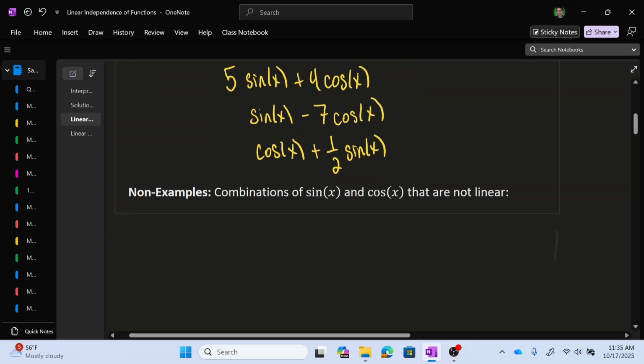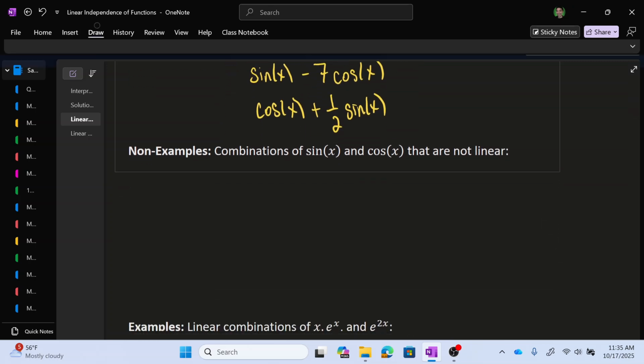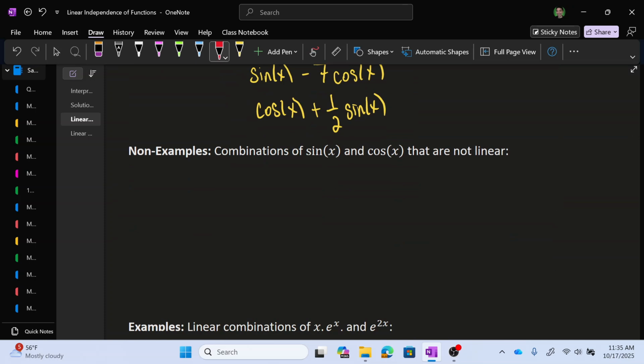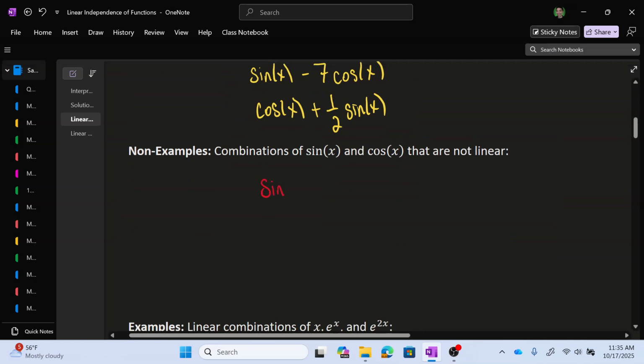Now, by contrast, here are some combinations of sine and cosine that are not linear. I am not, for example, allowed to multiply these functions together. That is not permitted. I am not, for example, allowed to divide these functions. That is not permitted.